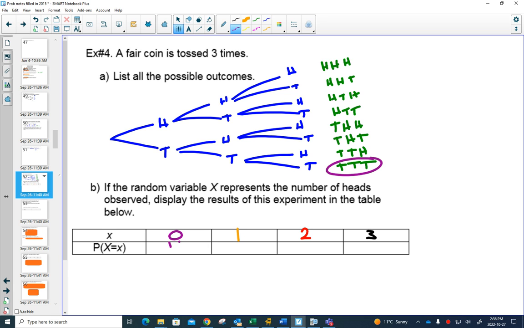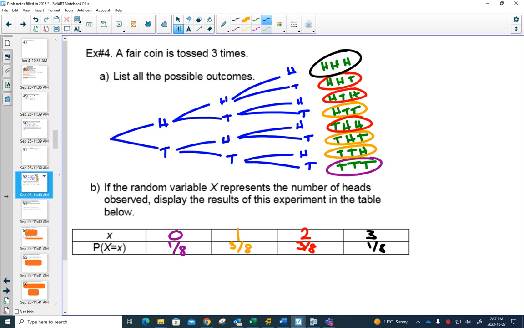There's 8 in total, so this becomes 1/8. 1 head, there is 1 here, 1 here, 1 here. 3 out of 8. 2 heads, there'd be 1 here, 1 here, 1 here. Also 3 out of 8. And all 3 heads, 1 out of 8.